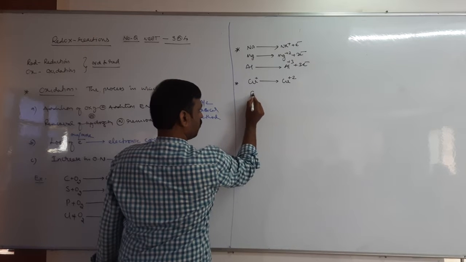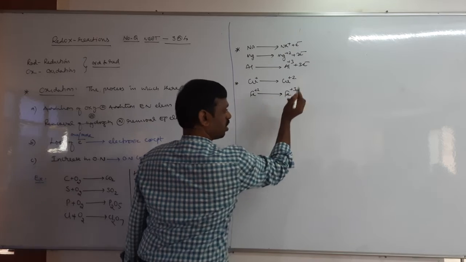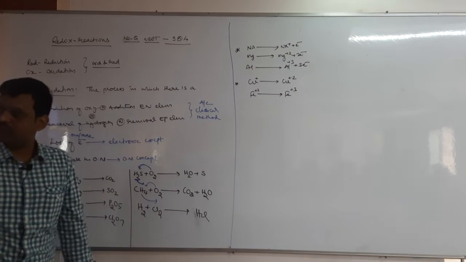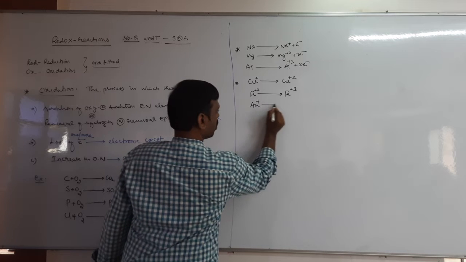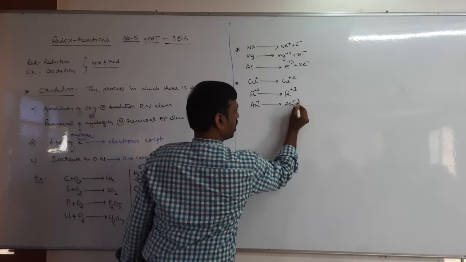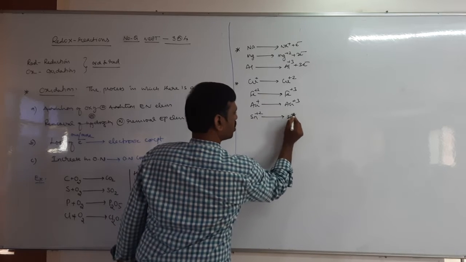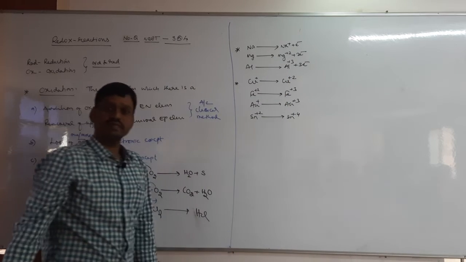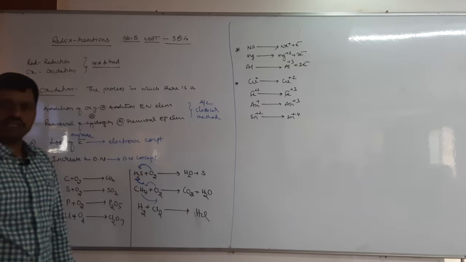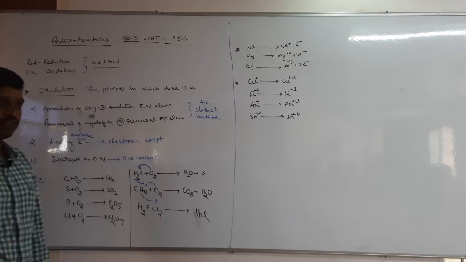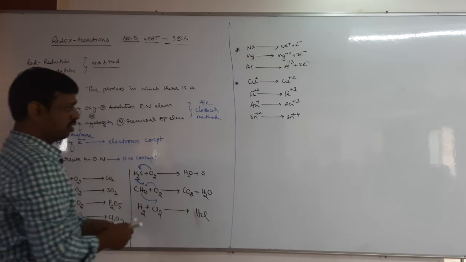Or ferrous converts into ferric, that is oxidation. Aurous, Au+1 to Au+3, it is oxidation. Sn+2 to Sn+4, oxidation, many more, right? So increasing oxidation number is also called oxidation. Next is reduction.